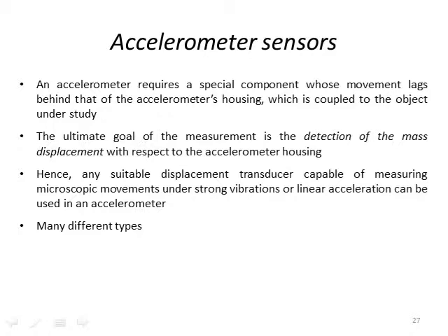So accelerometer sensors, primarily what I just said on the previous slide. The sensor elements, the spring, mass, and the damper, are connected to this housing. The ultimate goal with an accelerometer is to detect this mass displacement with respect to the accelerometer housing.